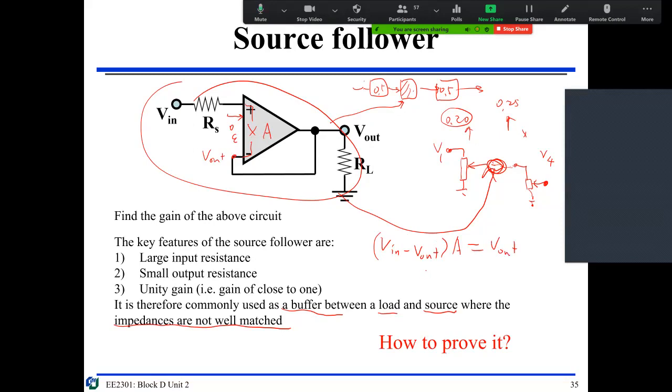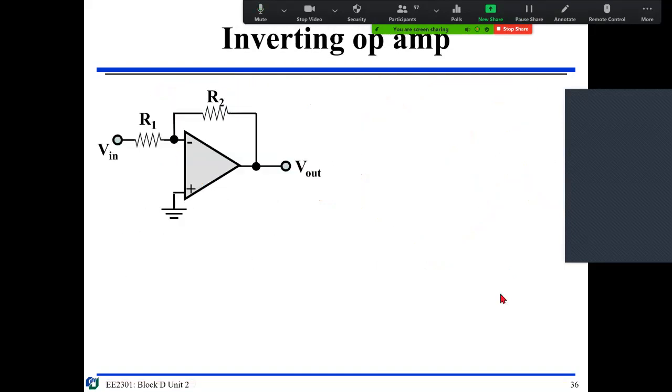So again, we can see that V in is 1 plus A divided by A, times V out. So when A is very, very big, this term will go to 1. So that's why in and out are the same. That's why we call it a source follower, the simplest case.